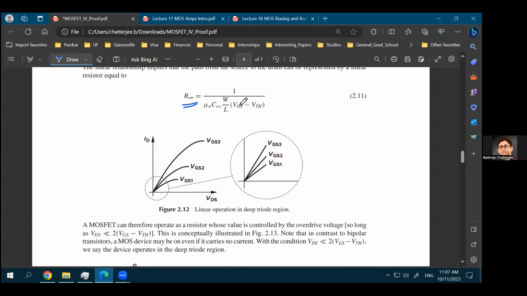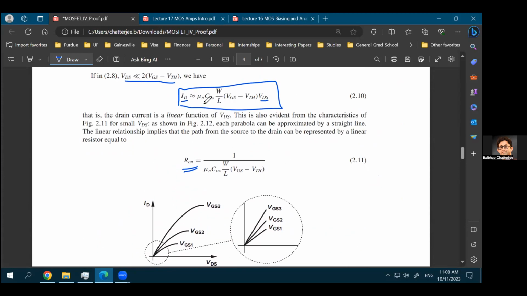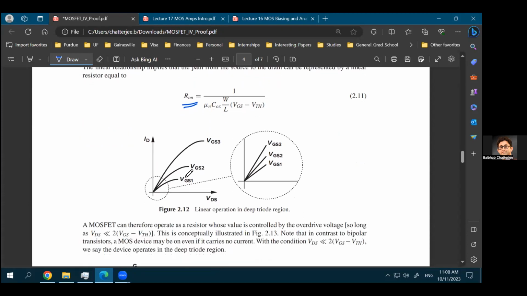Now, of course, for different values of VGS, your curve will look different. If you have a higher VGS, of course, you'll have a higher amount of ID just from this equation. So if your VGS increases, your ID will also increase. So that's what we see here, that VGS1 is less than VGS2, less than VGS3. And that's why you have a higher amount of current as you go from VGS1 to VGS2 to VGS3.